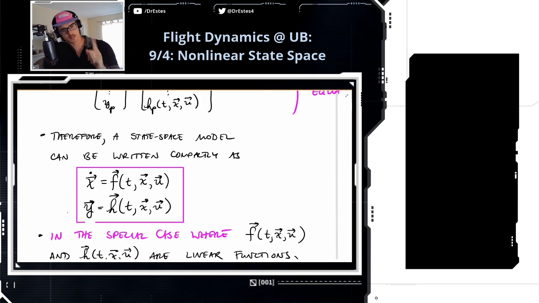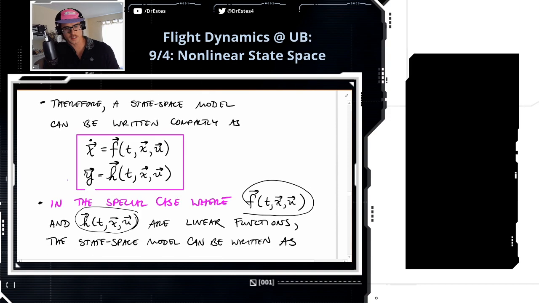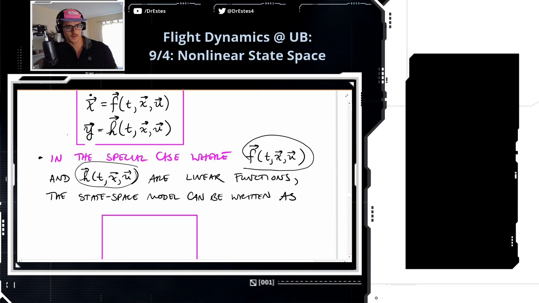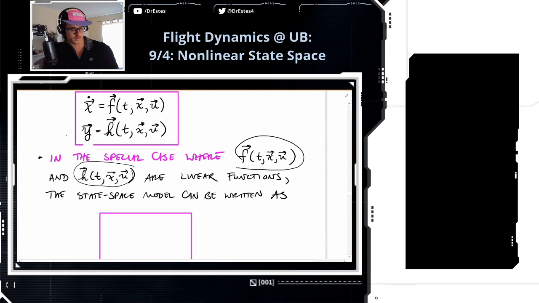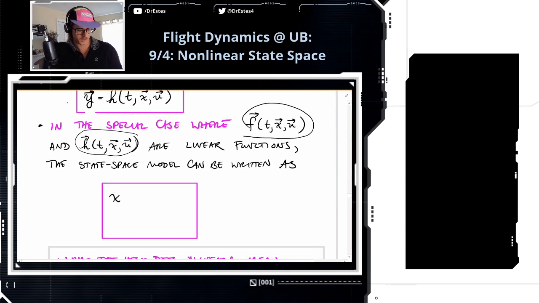Okay, now the special case where these functions f and h are linear functions, then the state space model can be written as something that I think you're familiar with. It's this: x dot is Ax plus Bu.